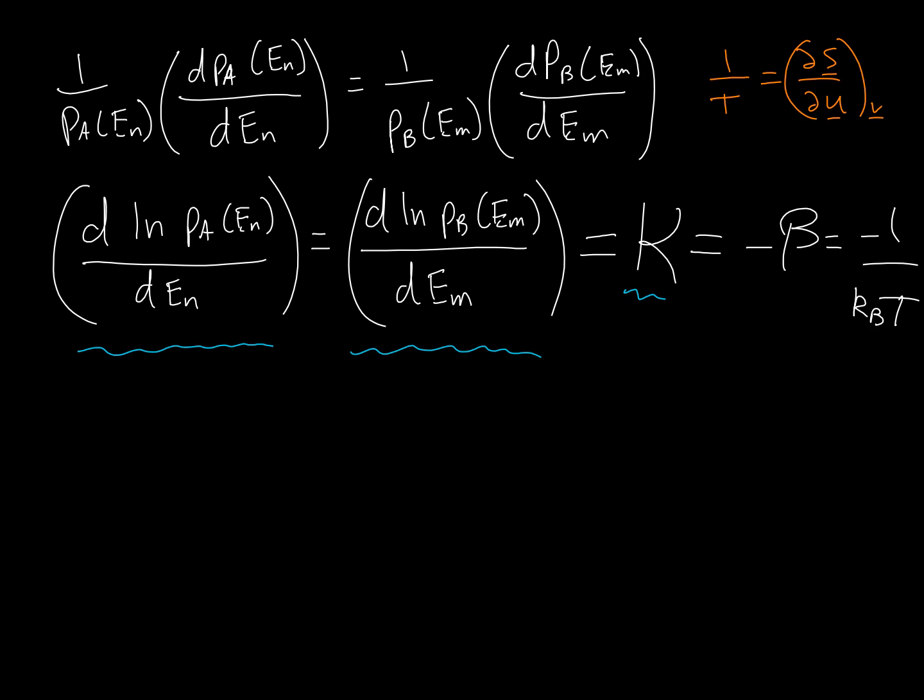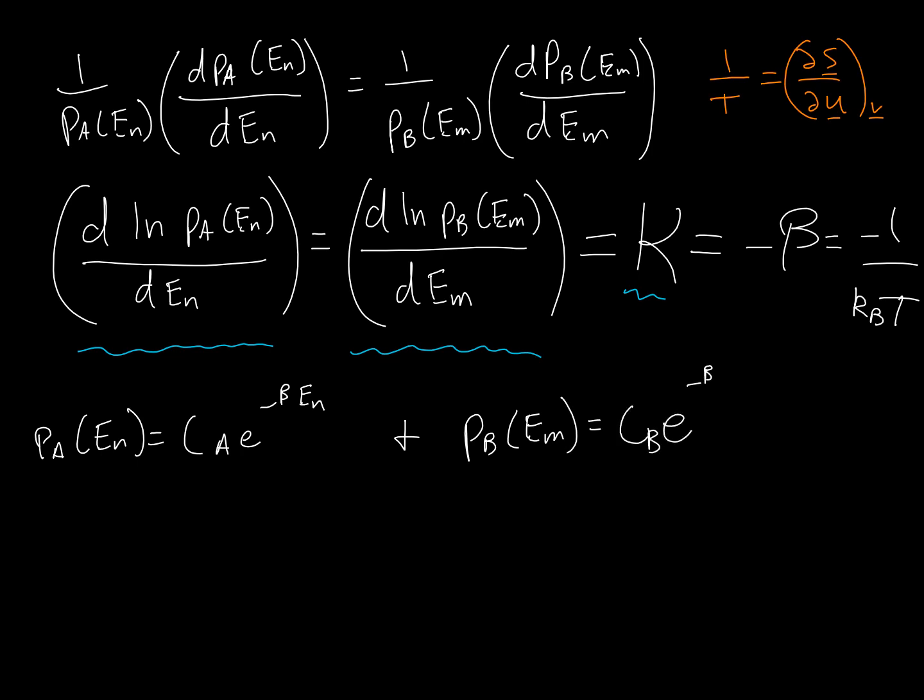Okay, so all we need to do is integrate this partial differential equation. But it is not bad at all. Just about the easiest PDE you could ever hope to solve. It's just an exponential function.